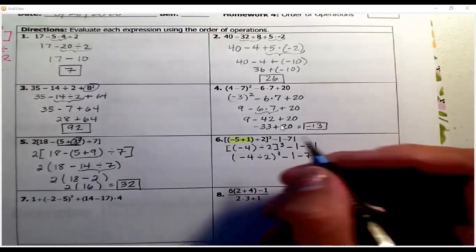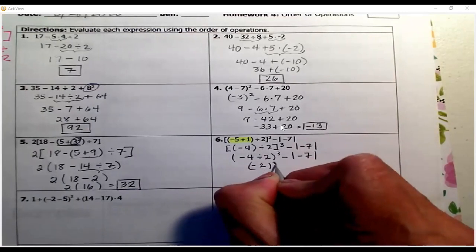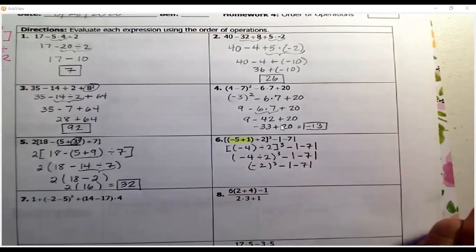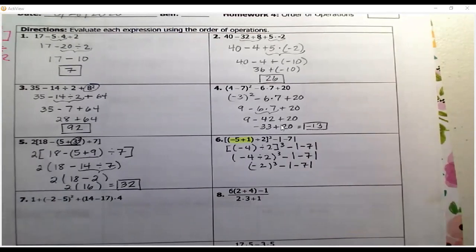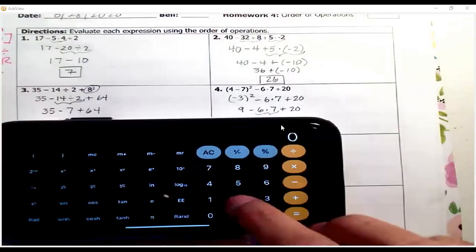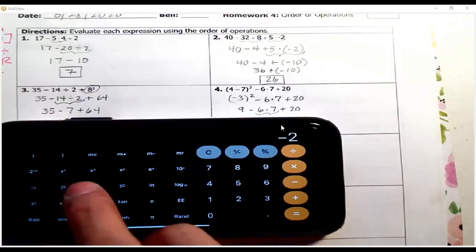-4 divided by 2 is -2 to the third minus the absolute value of -7. So what's -2 to the third power? How do I do that? If you have a calculator on your phone, you can go -2, then you can press to the third. And I'm going to get -8.